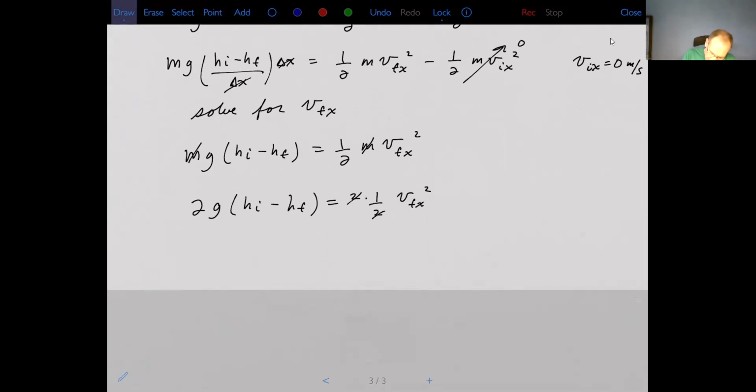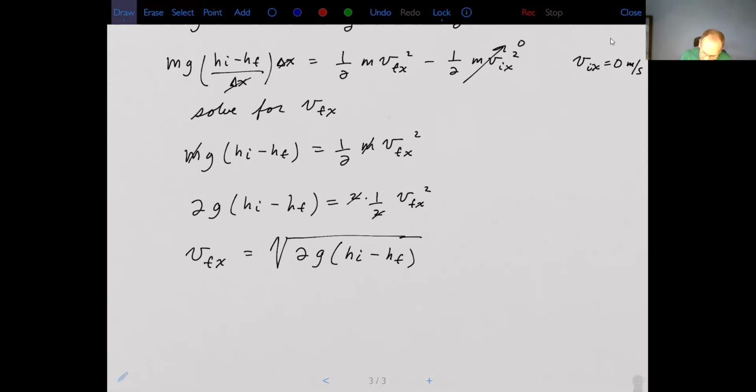So we're going to find that v final x is equal to the square root of 2g times h initial minus h final. And we're going to call this our predicted velocity because it's predicted using the work energy theorem.